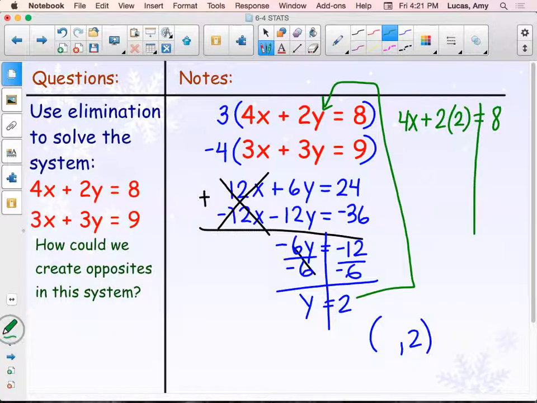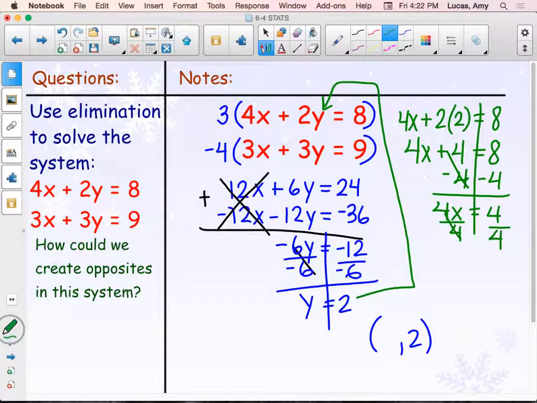I always use one of the original ones, not the new ones, because they have bigger numbers. So 4x plus 4 equals 8. Subtract 4. 4x equals 4. And divide by 4. x equals 1. So 1, 2 is the solution to our system.